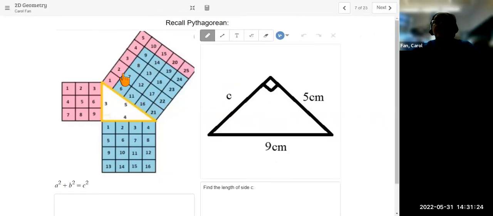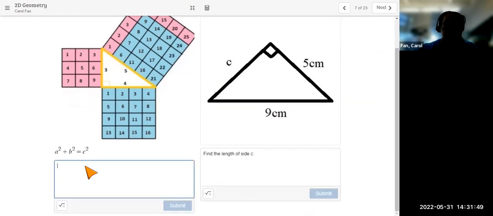Okay, so slide number 7, we're going to review our Pythagorean relation. I know this is something that you've done, so I'm just going to do a very quick review. Pythagorean relation states that if I have 2 sides, then I'm able to find the third side using Pythagorean relation. So I'm just going to write the definition.